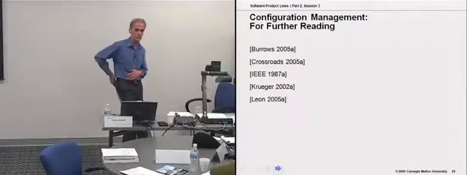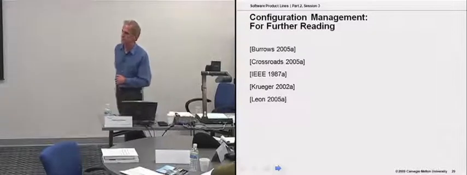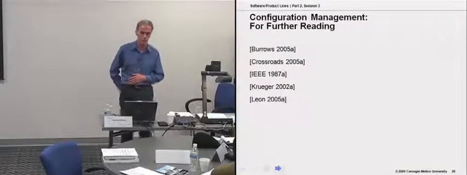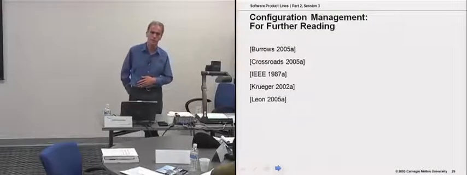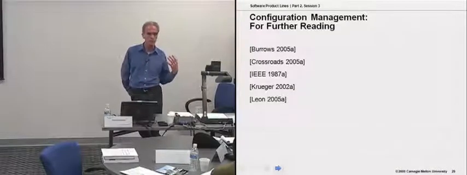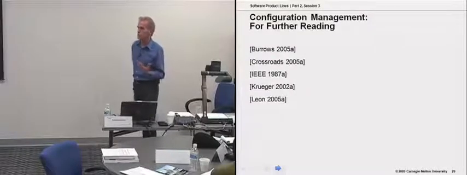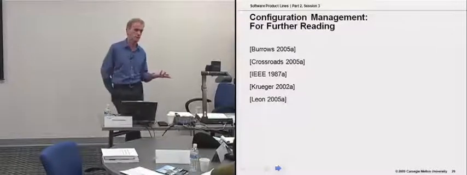The first one there refers to a report that comes from a British company called Ovum. They do periodic assessments of software engineering technology, and the most recent one that I could find on configuration management dates from 2005. So what they will do is come up with criteria by which they will judge whatever tools they are assessing, in this case configuration management.